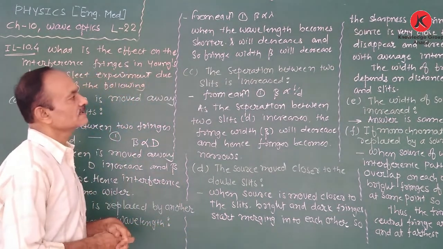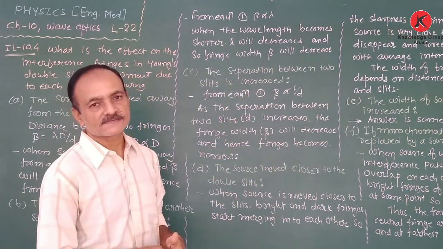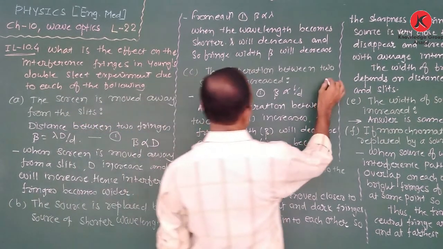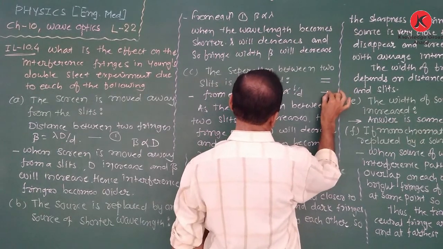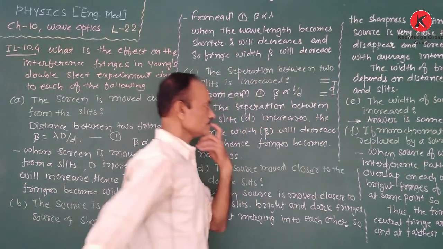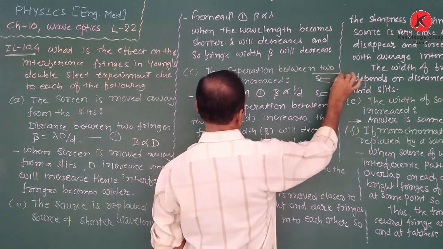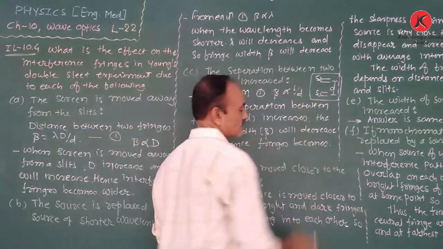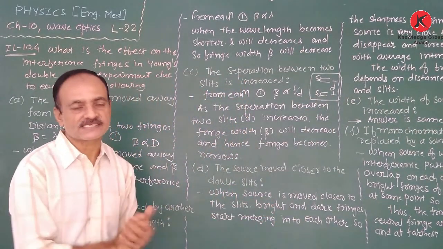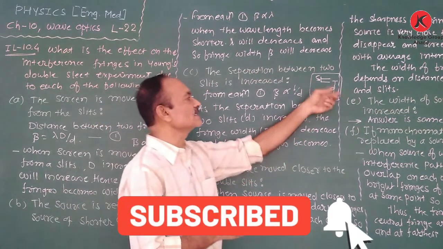Now the third part: the separation between the two slits is increased. The separation between the two slits, S1 and S2, is this distance d. This d is increased, so S1 and S2 are at a greater distance.